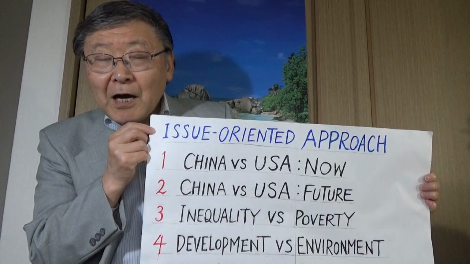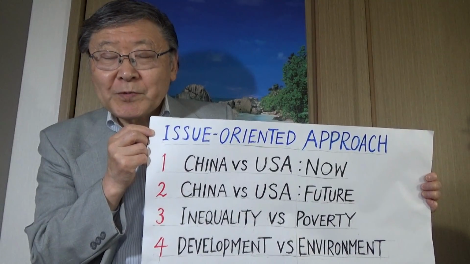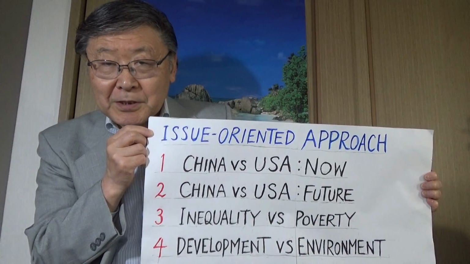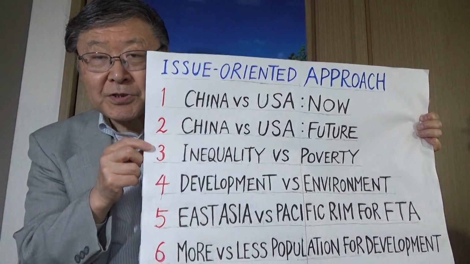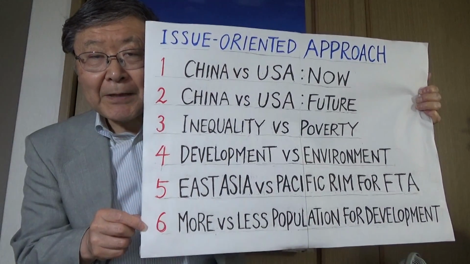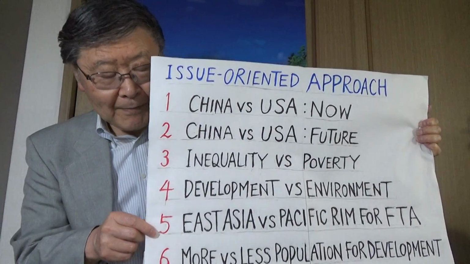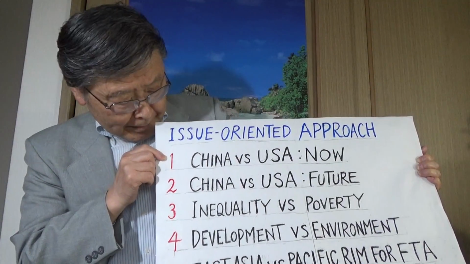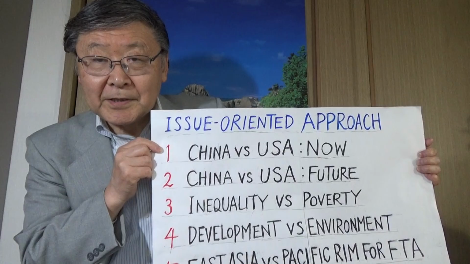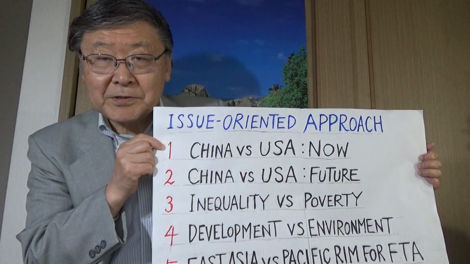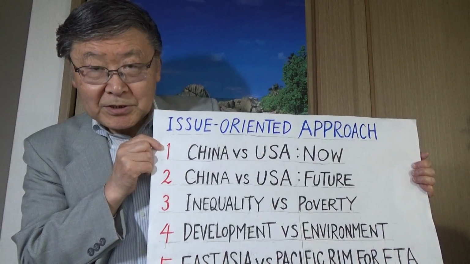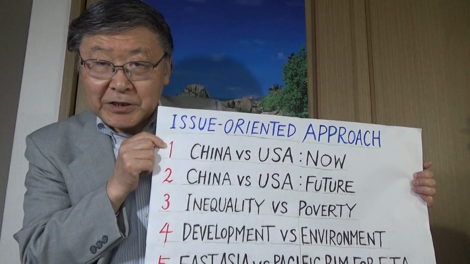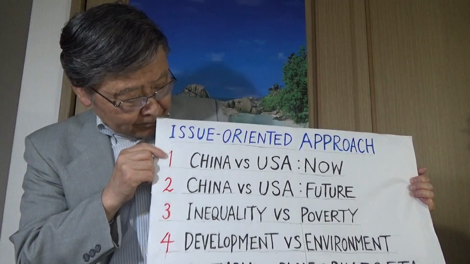What are the topics or issues we are going to take up in this course this time? Well, there are 6 issues here to take up. And first is one of the greatest or most serious issues in the global economy, that is China-US economic relations.